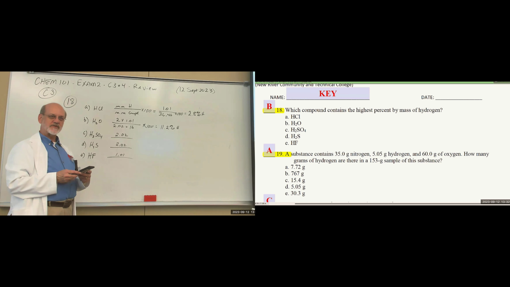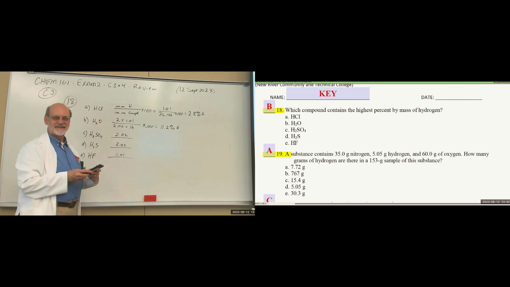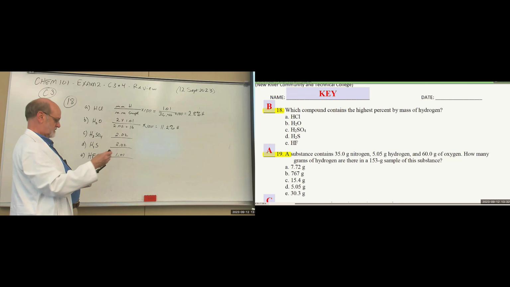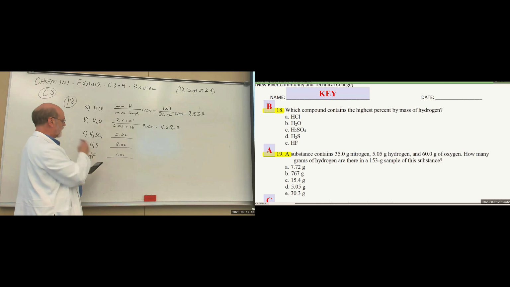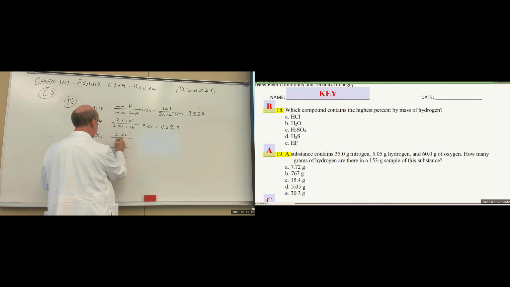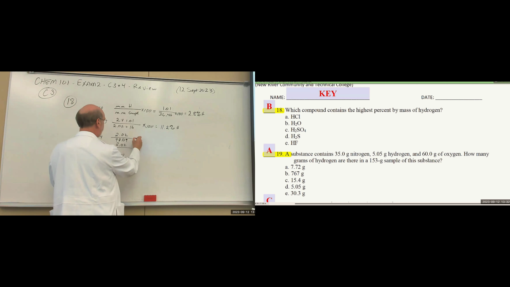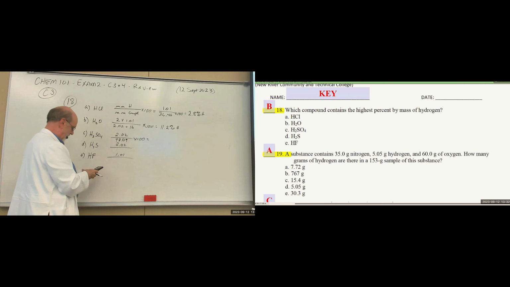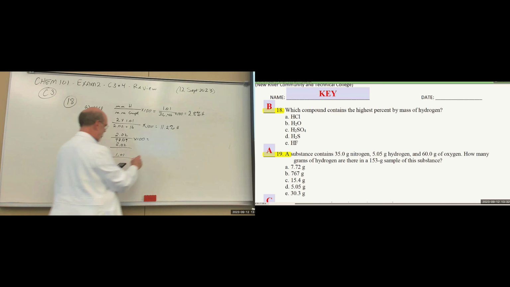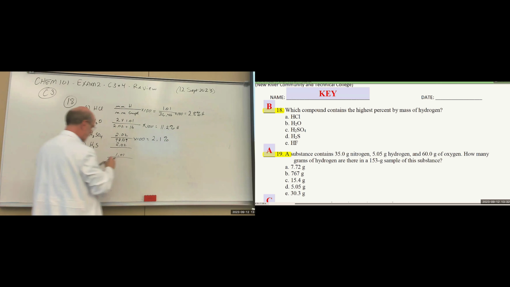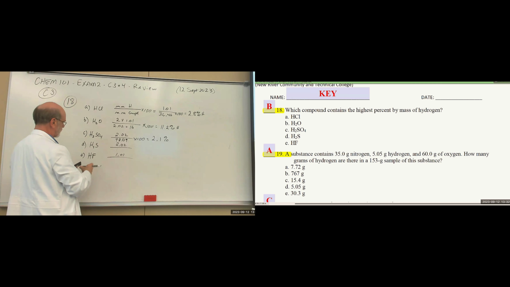Right? 4 times the number is the same as 2 times 2 times 64. 98.09. Times 100. And 2.1%. Okay, how about this one?